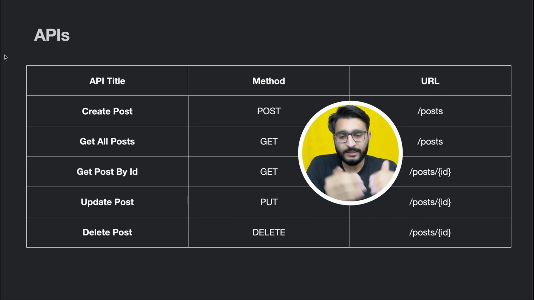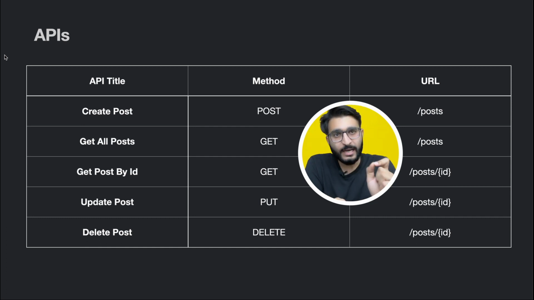In the same manner, in this application we will be performing 5 operations, right? The first operation will be to create a post. To create a post, we will be hitting some base URL /posts.